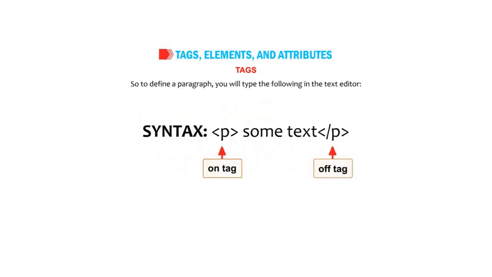Syntax: p tag, some text, then you put the off tag with /p. So the p tag is the opening tag of the paragraph tag and we call it the on tag, and the p tag at the last with the / sign is the off tag.